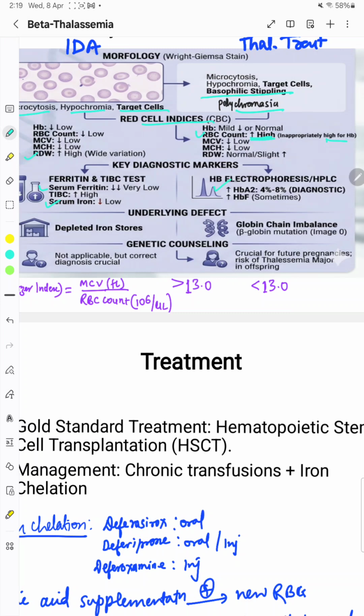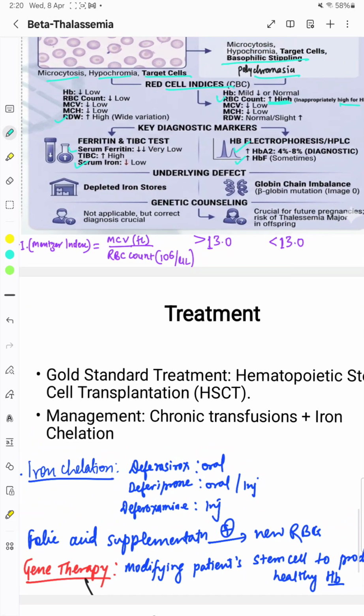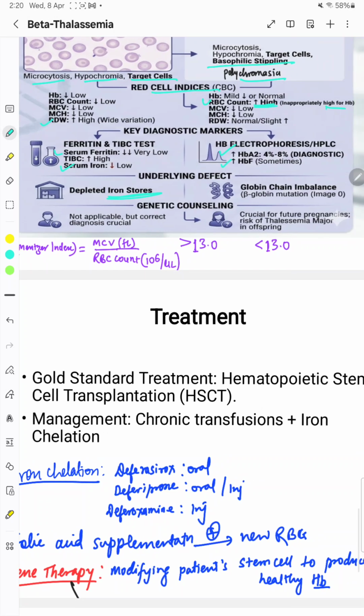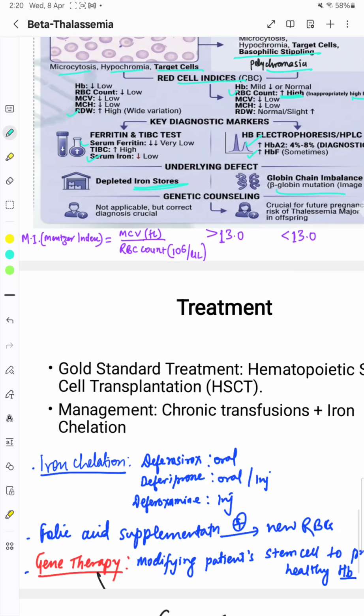On electrophoresis, thalassemia clearly shows which type of thalassemia it is, whether minor, intermediate or major. There are peculiar HPLC findings like increased HbA2 or HbF. The main cause in iron deficiency anemia is depletion of iron or decreased iron intake. And in beta thalassemia, as we know, this is a hemoglobinopathy due to decreased beta globin chain synthesis.